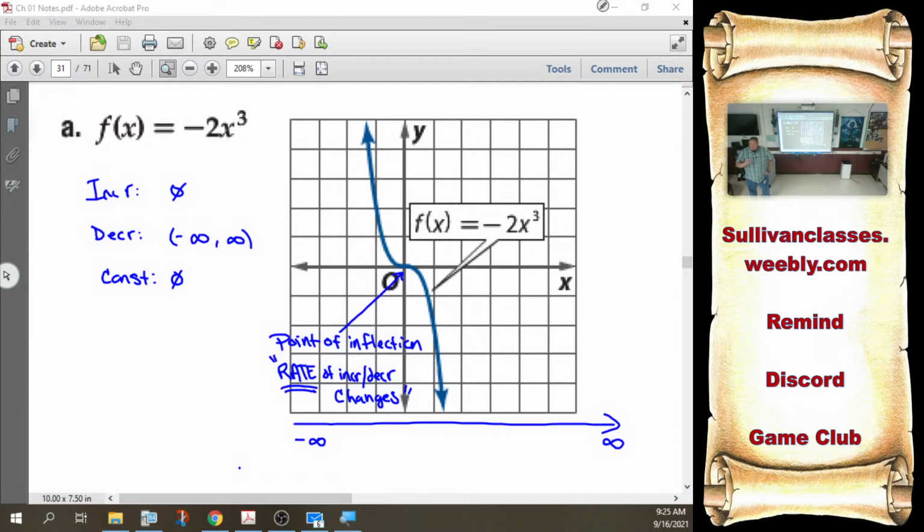So, give you an example. Let's say that I move the origin down here. Let's say this was an L graph instead. X, time. Y, speed of my vehicle.